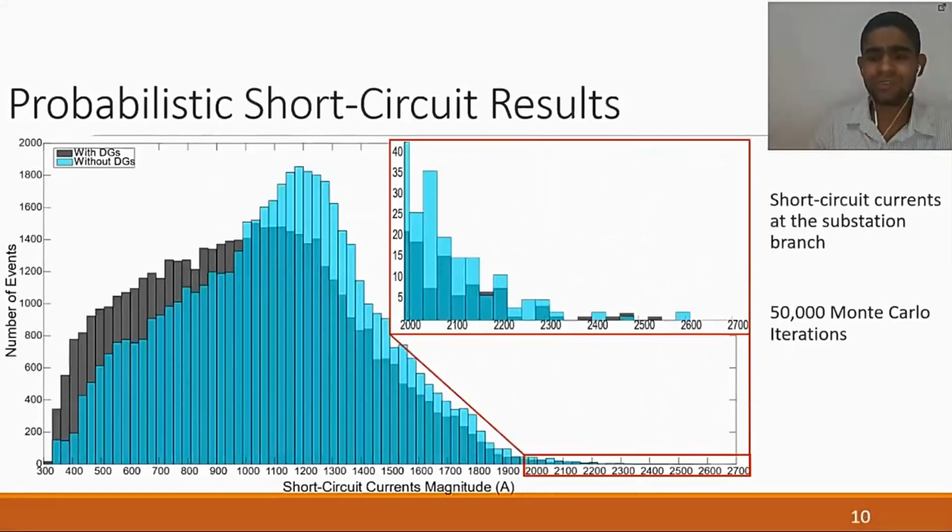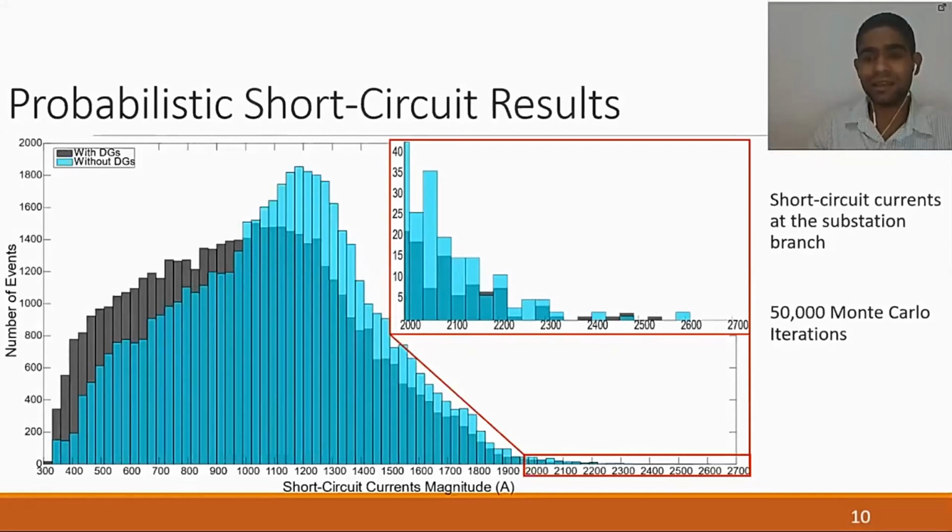So, considering this test system and 50,000 Monte Carlo iterations, we have this distribution for the short circuit currents at the substation branch. We can observe here that the most critical ones surpass 2,500 amperes. But when we consider only 95% of those scenarios, the maximum short circuit current is lower than 2,000 amperes.